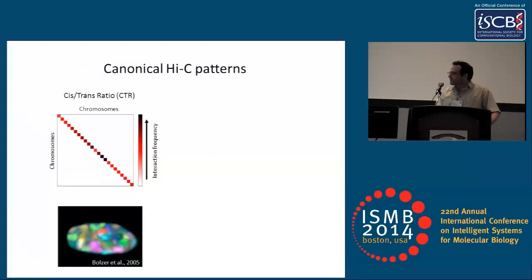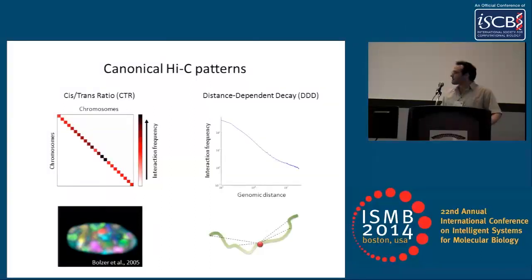Okay? The second thing we see is a distance-dependent decay. Essentially it means that as loci are further away in the 1D sequence, they tend to interact less frequently. And this is also very well understood. It's basic polymer physics. If something is very close in 1D, it's going to interact just by random more frequently. Okay? So we always see these patterns.